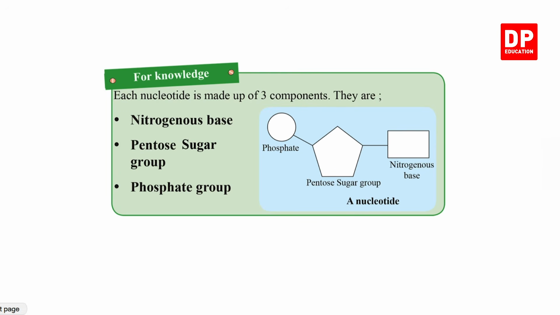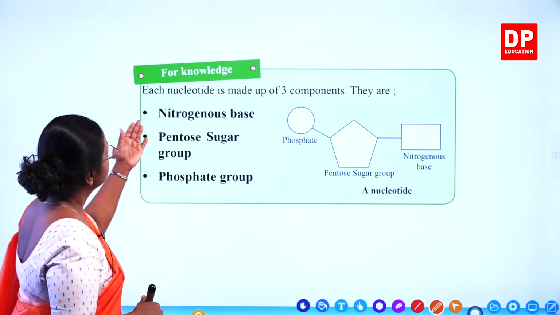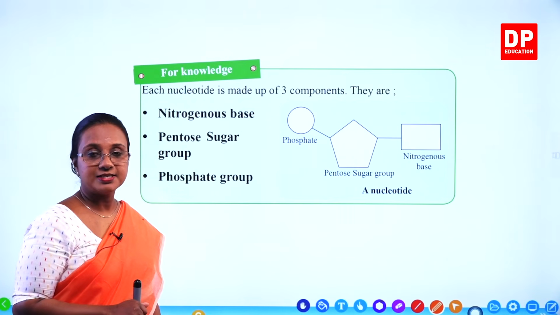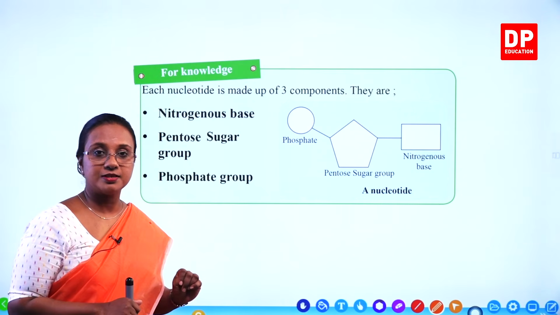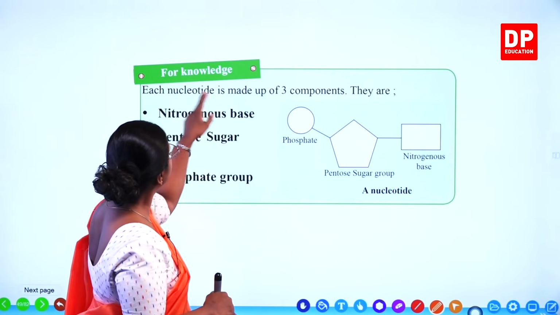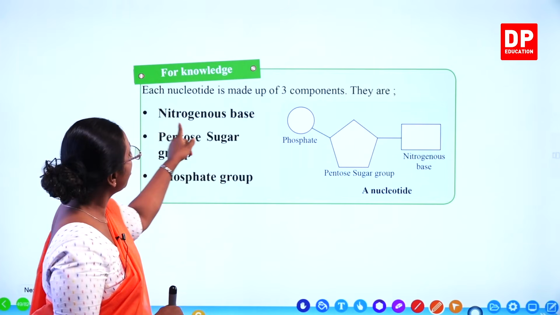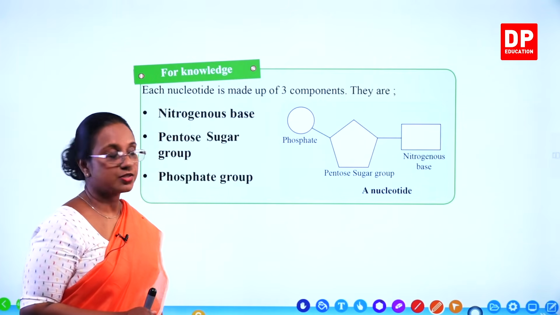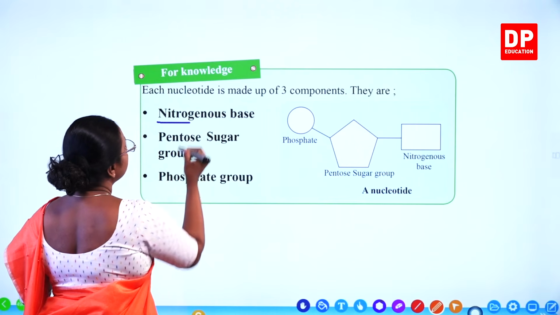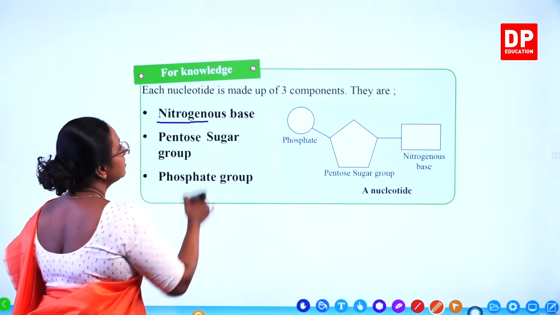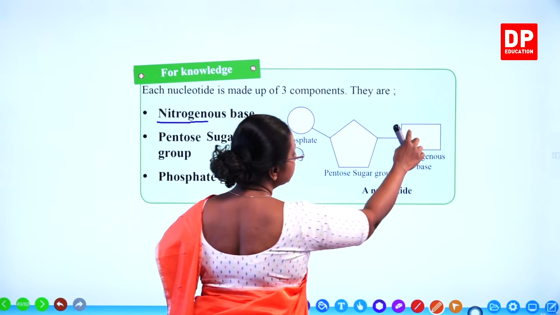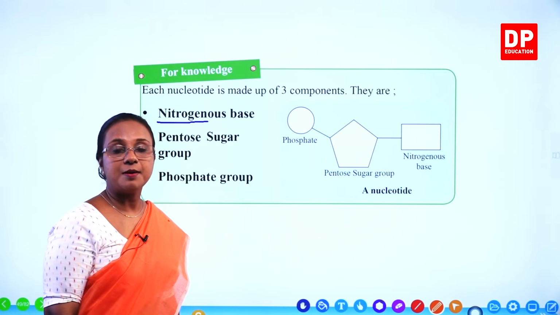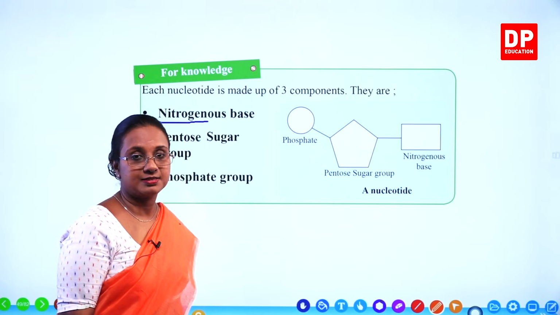And now we will look at the structure of a nucleotide. So, here as you can see, as I said, carbon, hydrogen, nitrogen, oxygen and phosphorus combine and form 3 components. One is called the nitrogenous base. From the name itself, you know that there is nitrogen present in this base. And there are different types of nitrogenous bases that are present in the nucleic acid.